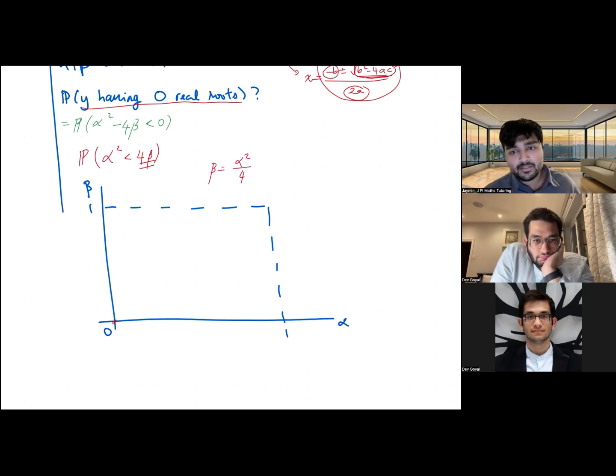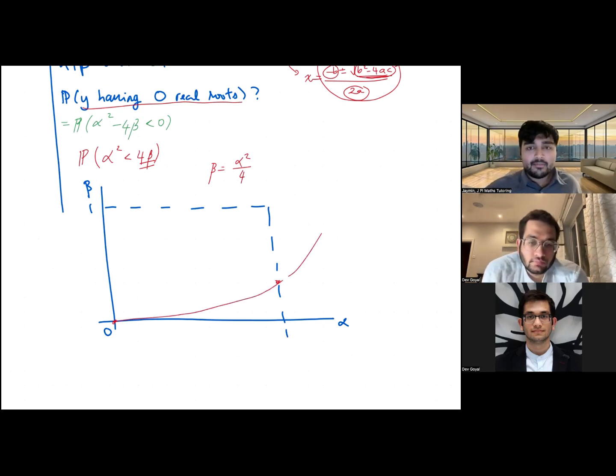When alpha is 1, it's going to pass through here. So it's a parabola looking like this, and it would carry on out here. And this here is a quarter. I want beta to be bigger than alpha squared over 4, so I'm talking about points in this region.